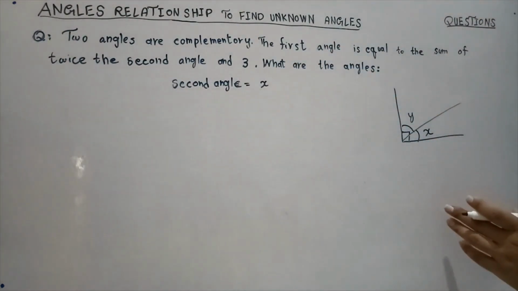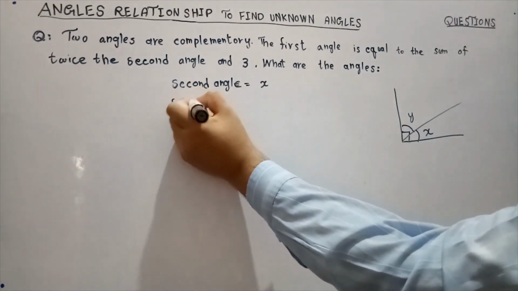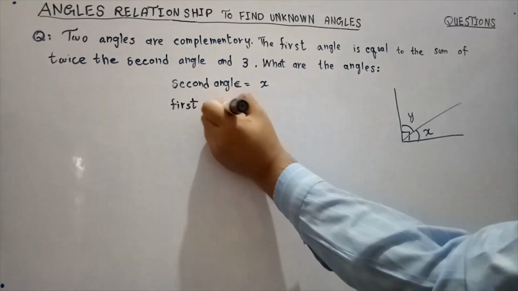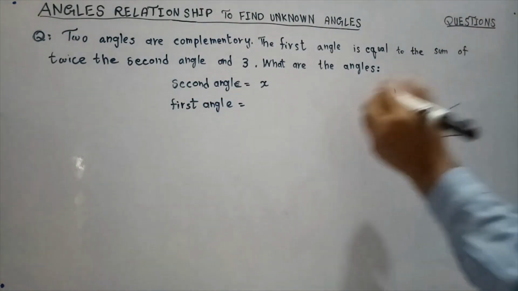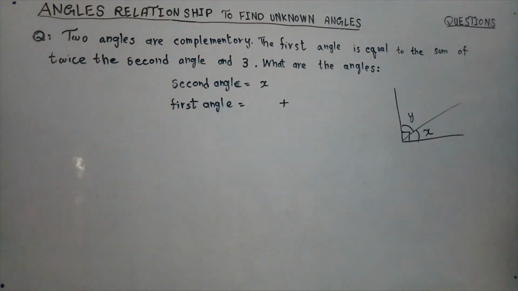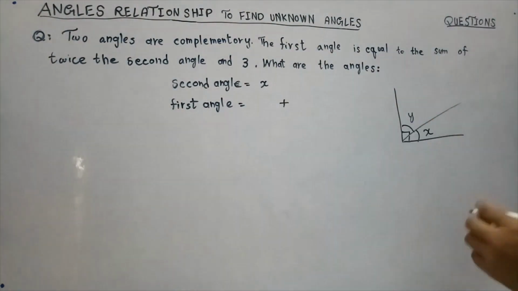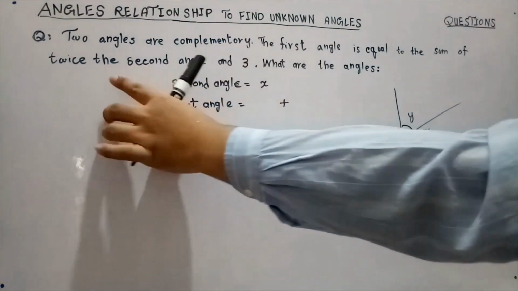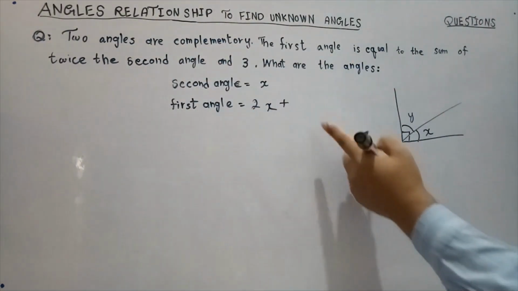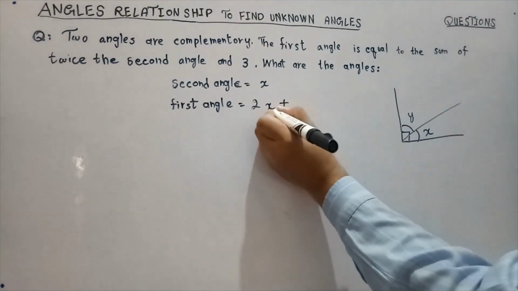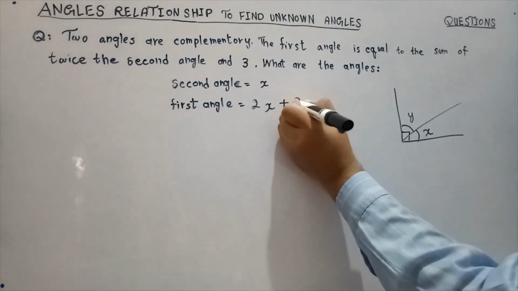Our statement says that the first angle is equal to the sum of twice the second angle and 3. The second angle is x, so twice the second angle is 2x, and plus 3.